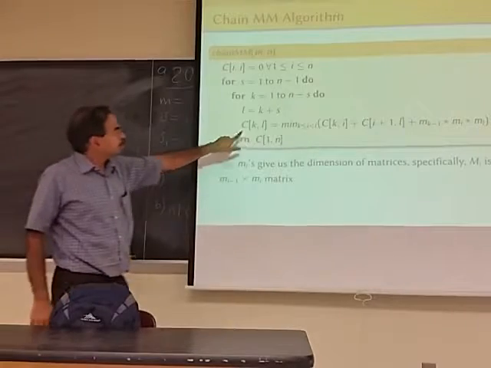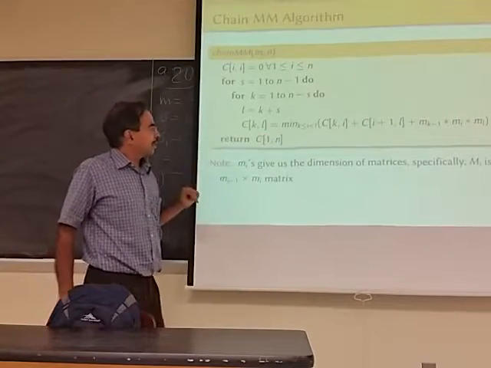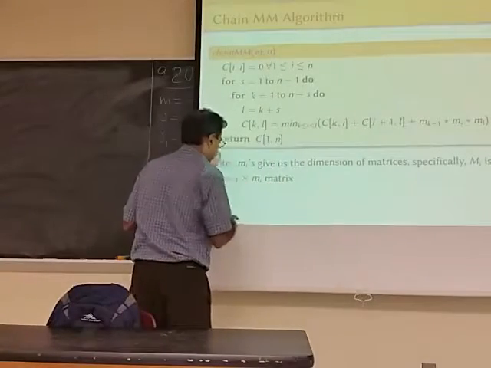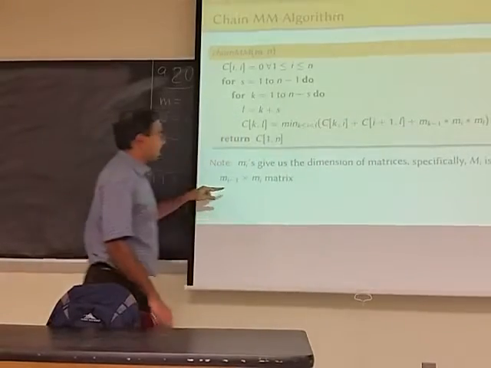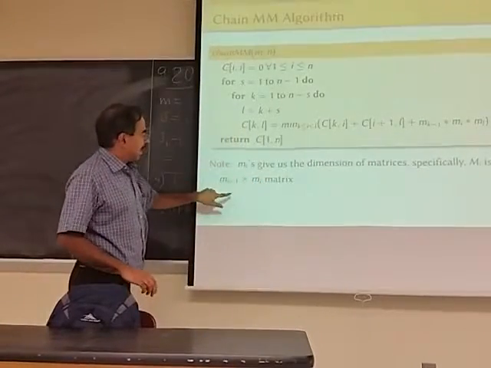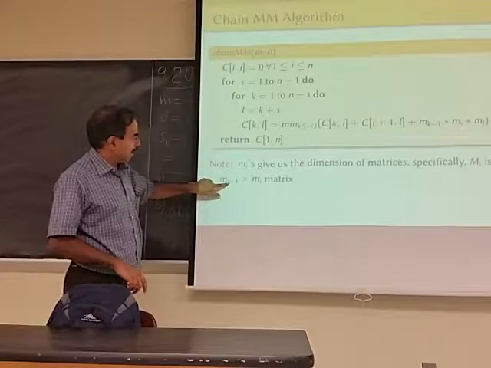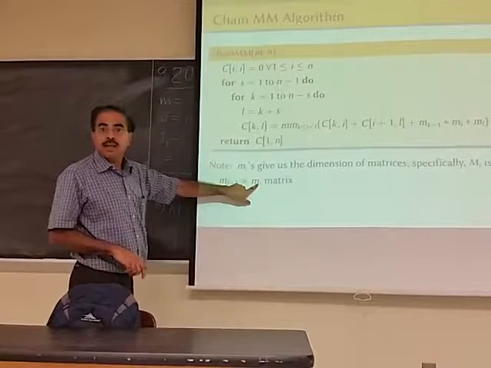Now C of K comma L is going to be computed. Let's make sure that we understand what these numbers mean. Matrix Mi is going to have size M(i minus 1) rows by Mi columns.